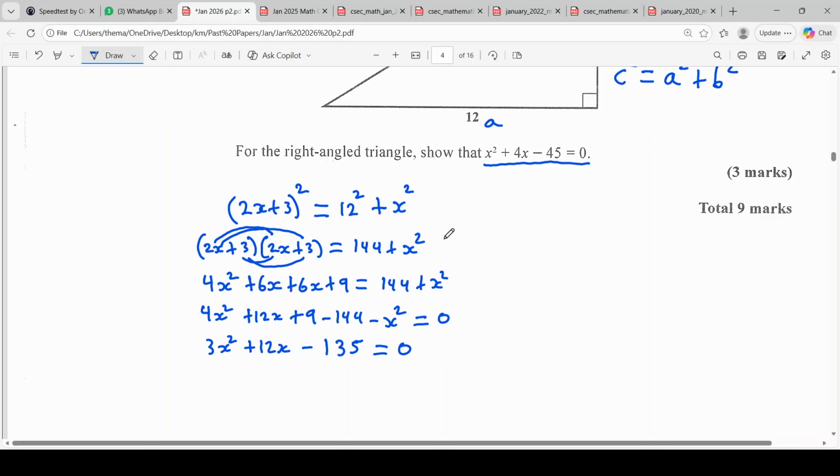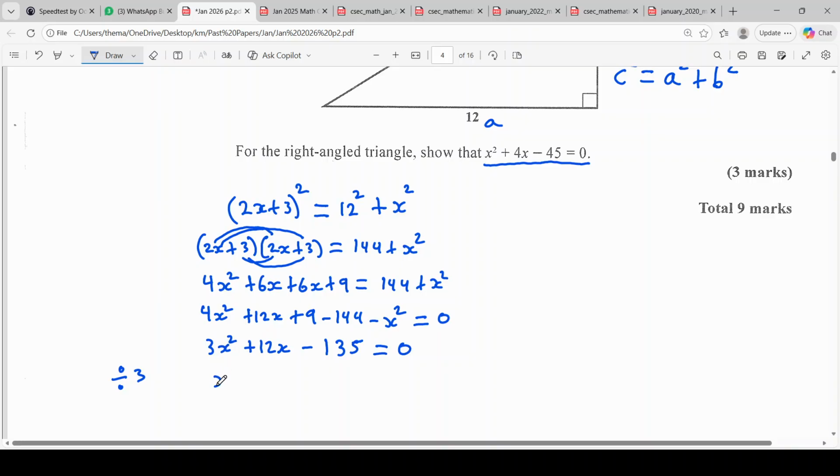Anytime in a question, especially when we were doing linear programming, when you formulate your equations or your inequality, and in this case your quadratic, and you simplify as much as you could, and you're looking at the final result, definitely at the end you have to divide by some number to get what you want to show. So here now I would write divide by 3. So you divide this whole equation by 3.